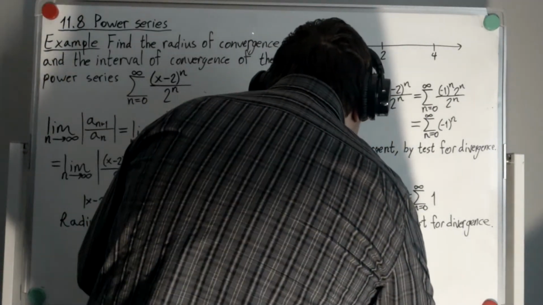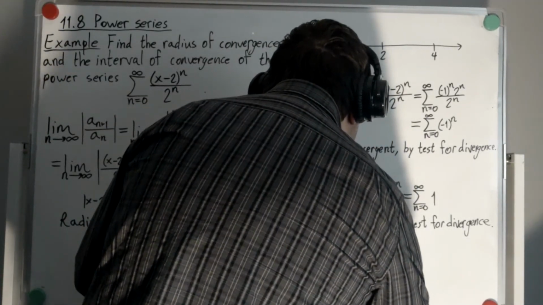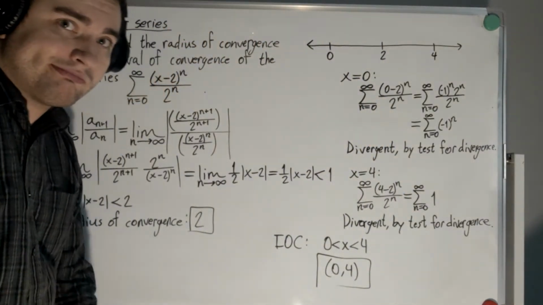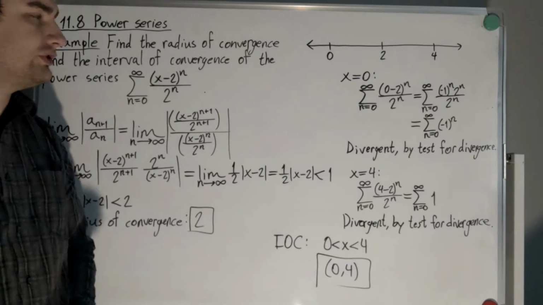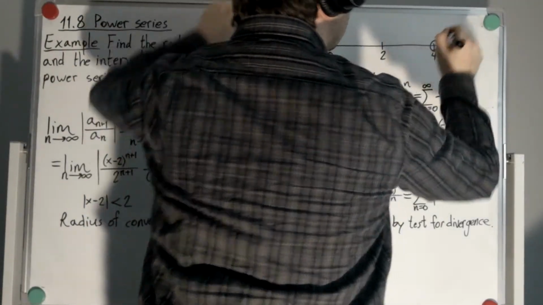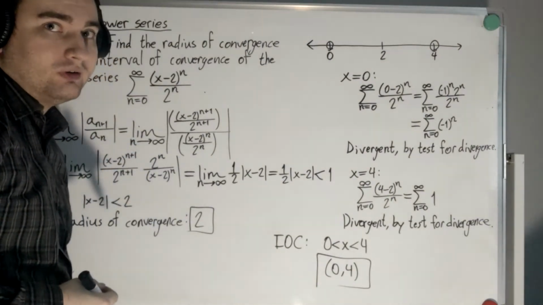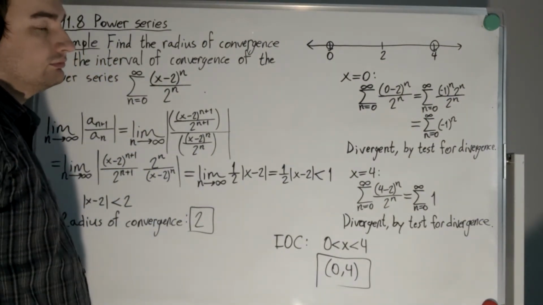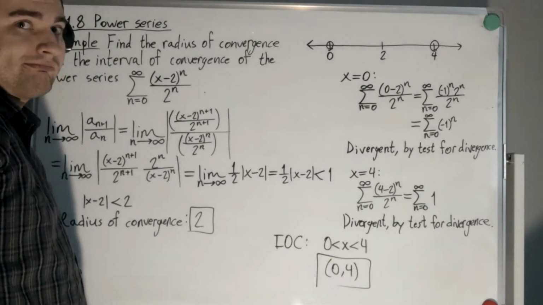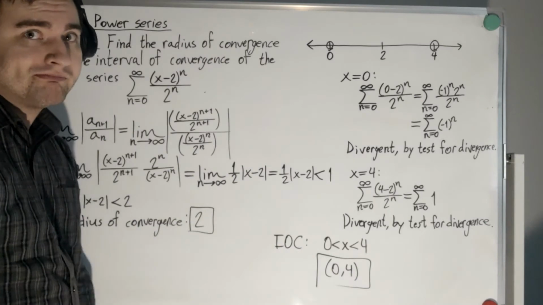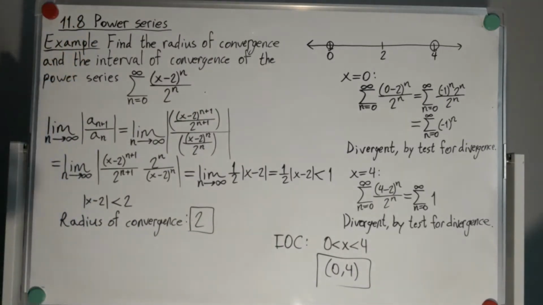In other words, the interval of convergence is the open interval from 0 to 4. Okay? So neither of these points grant convergence, only the points between them. So this is an example where the two endpoints have the same behavior. And of course, as I said, that can happen too.